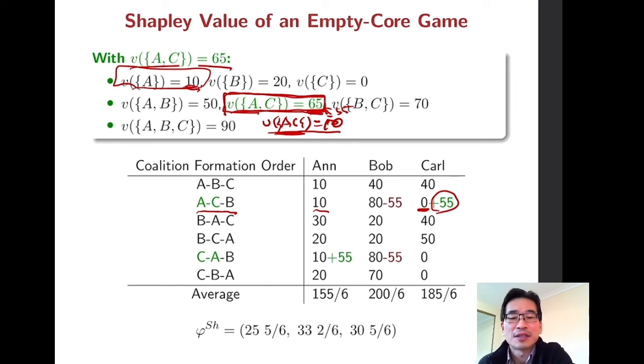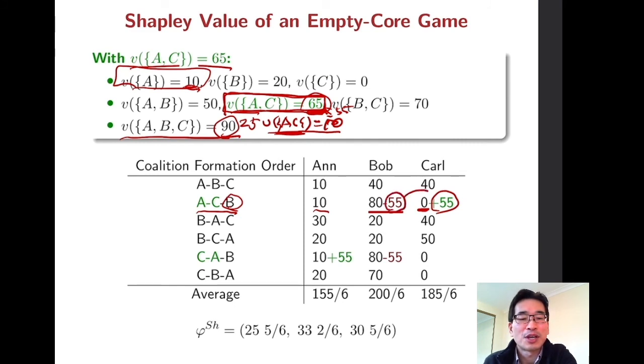And Bob, who joined last, is going to take 25, the difference between 90 and 65. So this marginal contribution is now transferred to Carl.